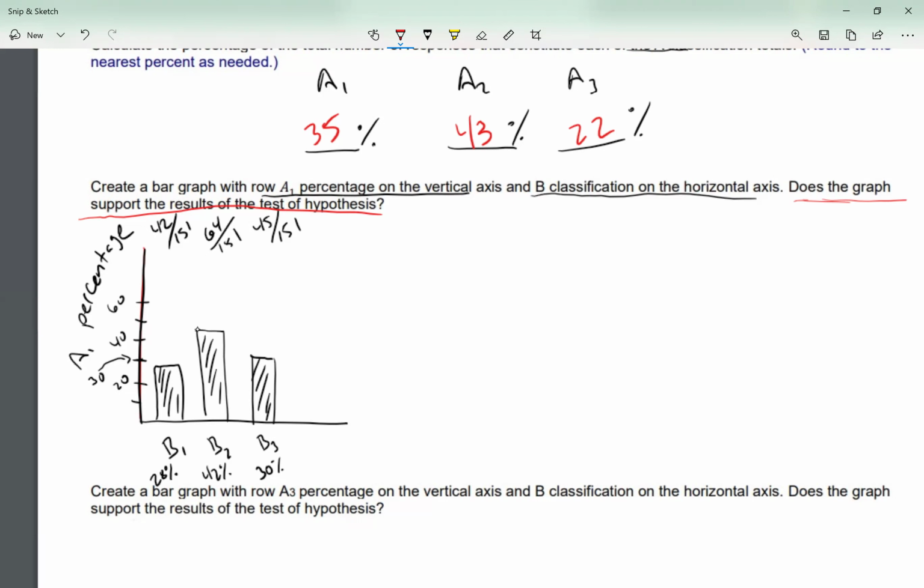Now I see one is pretty tall, the other one's pretty short. So I'm going to say yes, they pretty much are different.